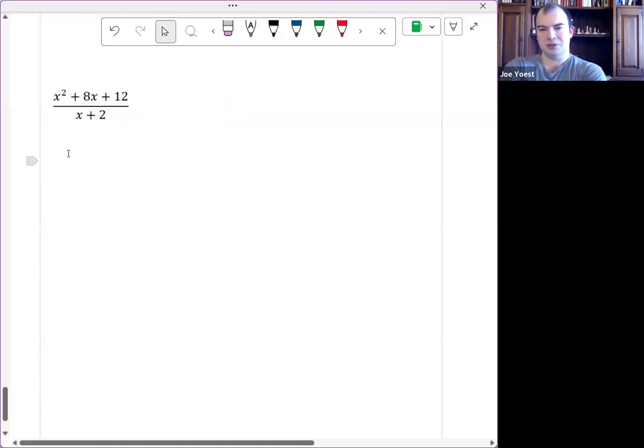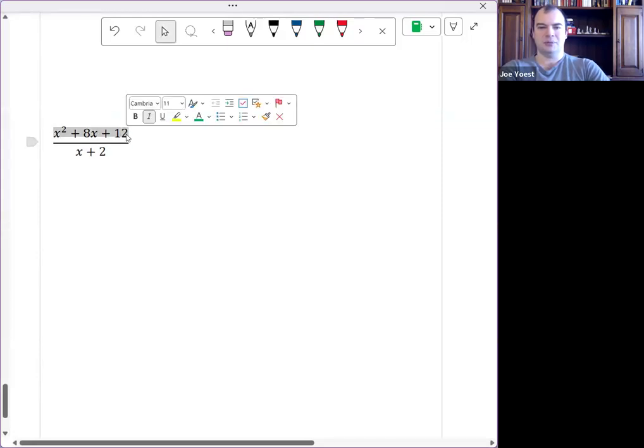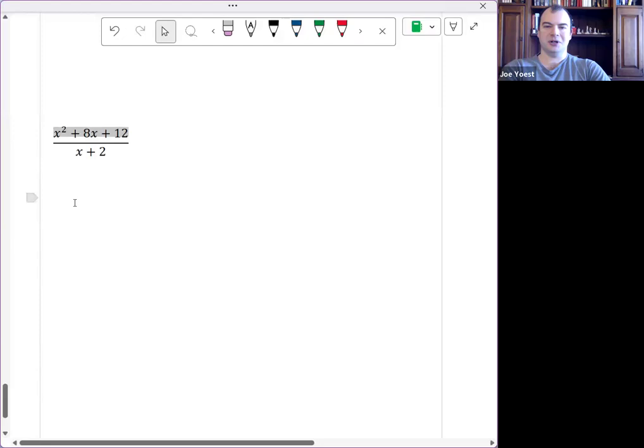But we're now moving on to a slightly different topic. It seems like it's essentially the same problem. I have a polynomial, a sum of a few terms with numbers times x to a power, over a polynomial. And I think to myself, well, I can just do this the same way, right?